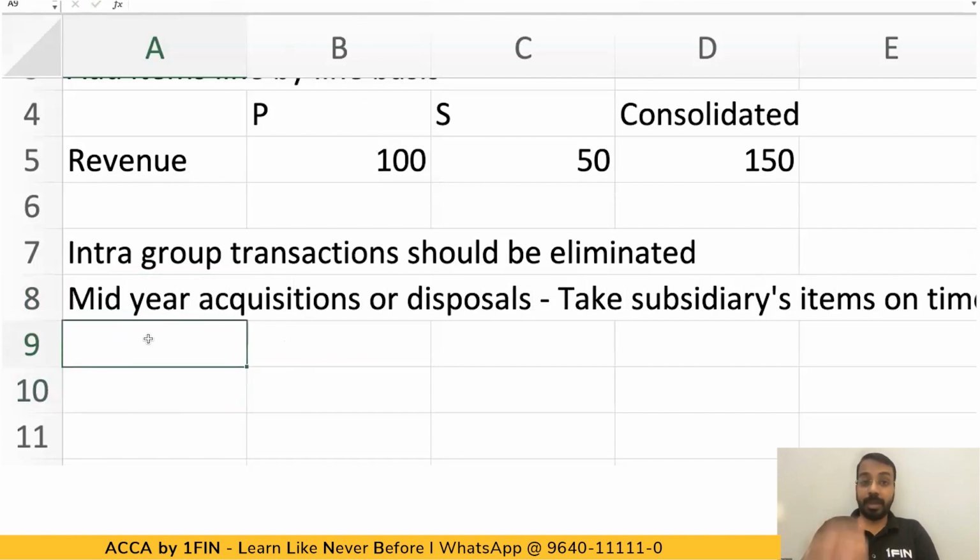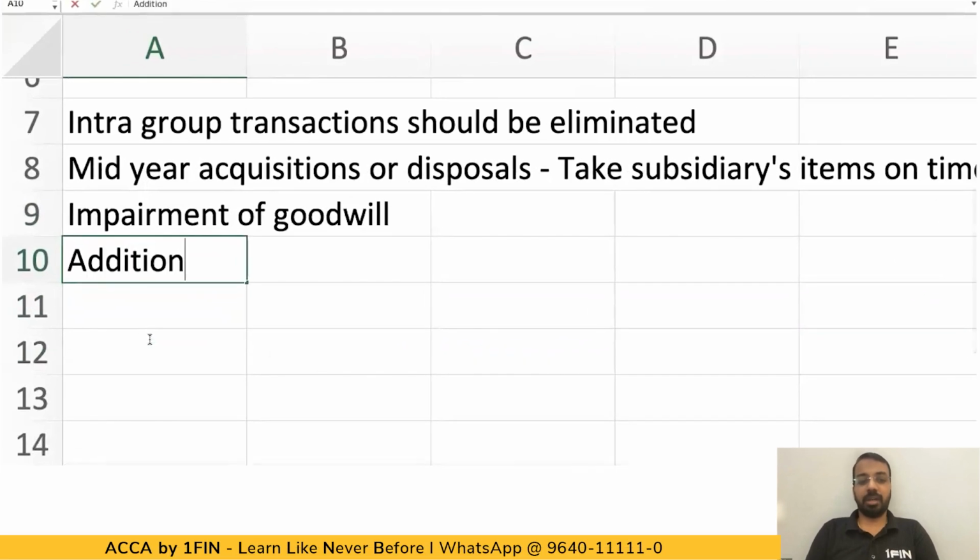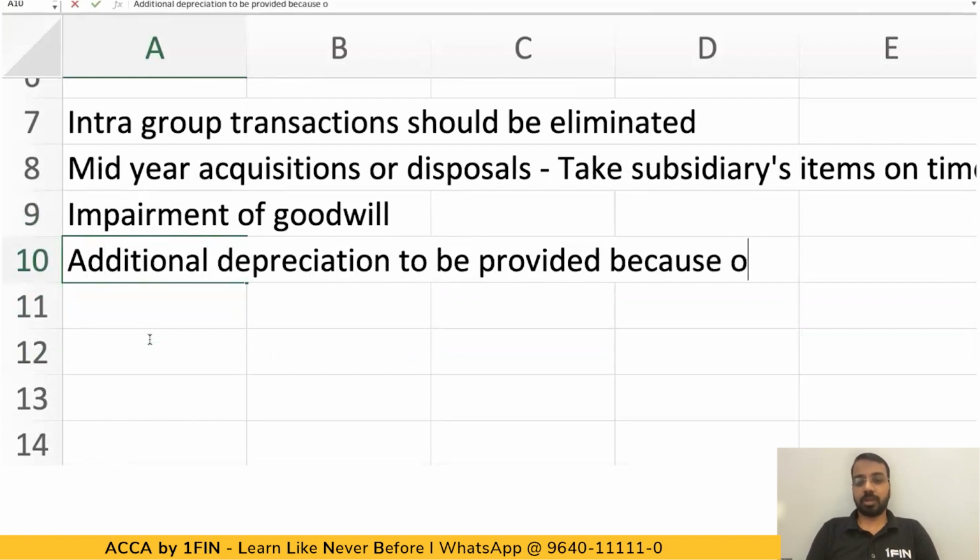Then there would be adjustments like impairment of goodwill. The question will tell you whether you have to take it in other operating expenses or cost of sales, and that should be done. Then there will be additional depreciation to be provided because of fair value on date of acquisition.